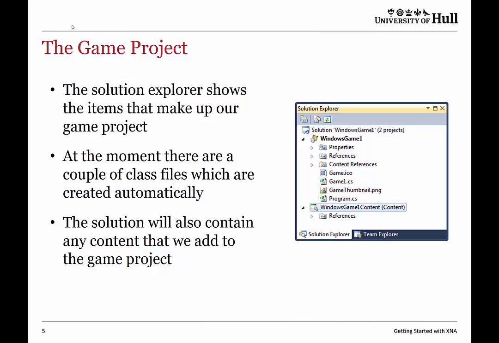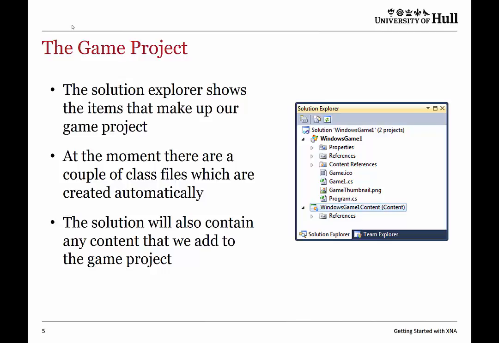So what XNA does is it splits the code, which is the top project, from the content, which is the bottom project. And the idea is if I press deploy and I push it out to a Windows phone, it'll build one kind of assets. If I press deploy and hit Xbox 360, it might build a different type. And a third type for Windows PC.